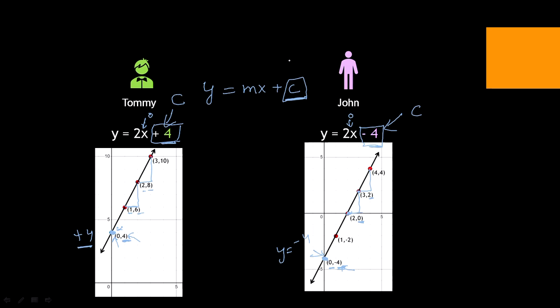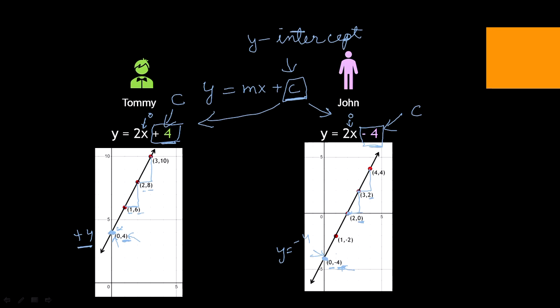In other words, this can be called the y-intercept for the given equation. If it is plus 4, as in this case, that means the graph will intercept the y-axis at plus 4. Whereas if c or y-intercept is minus 4, it means that the graph will intercept the y-axis at minus 4.